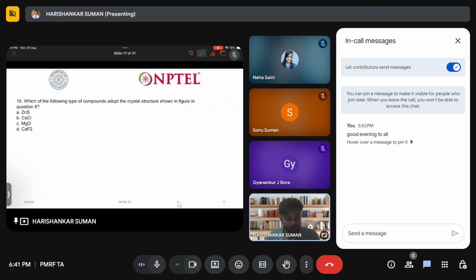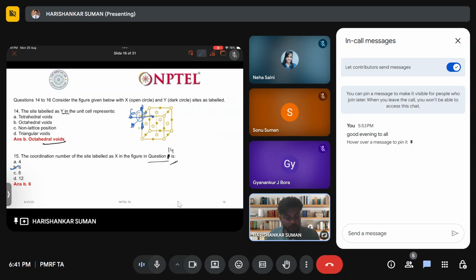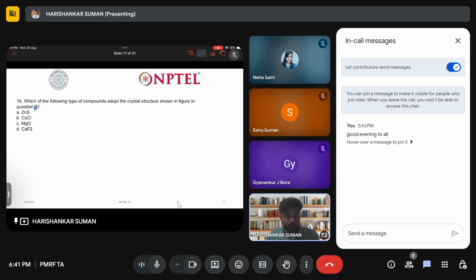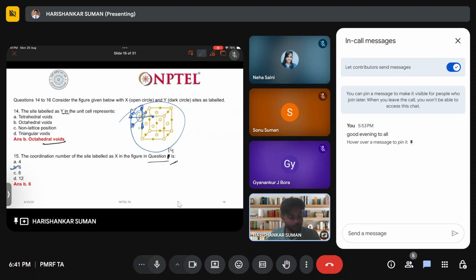And which of the following types of compound is the crystal shown in the figure? This is 14, this type of structure. Is this NaCl or something else?